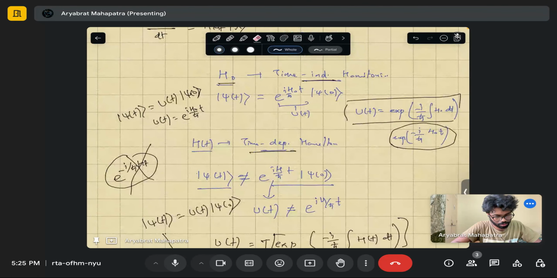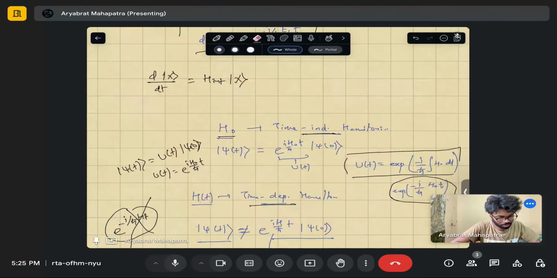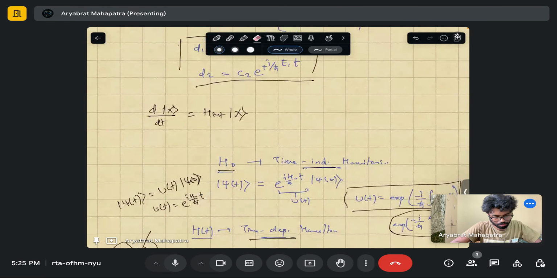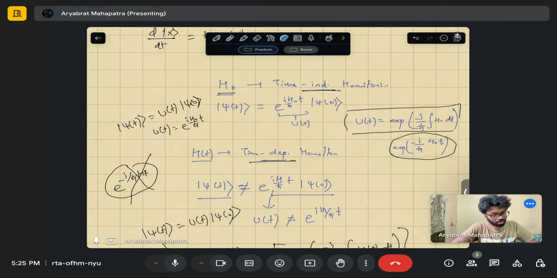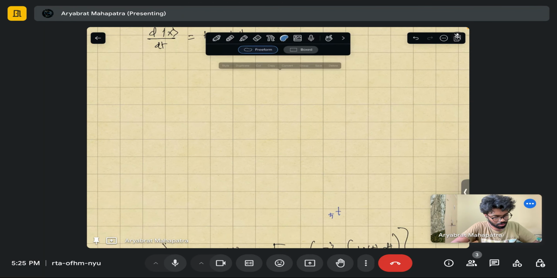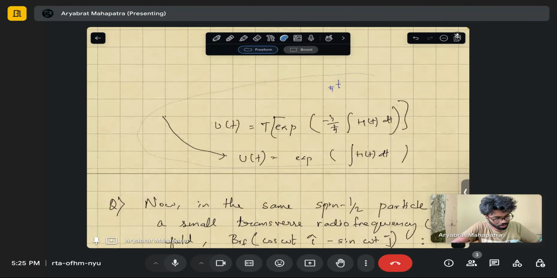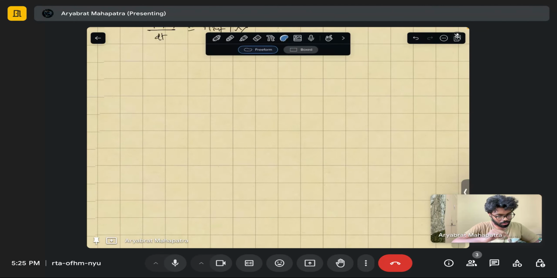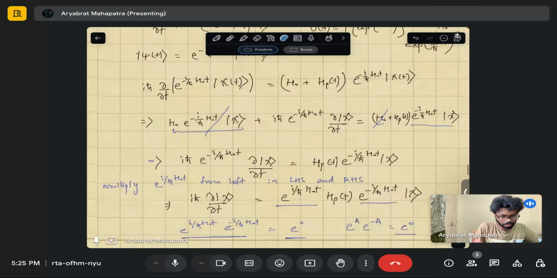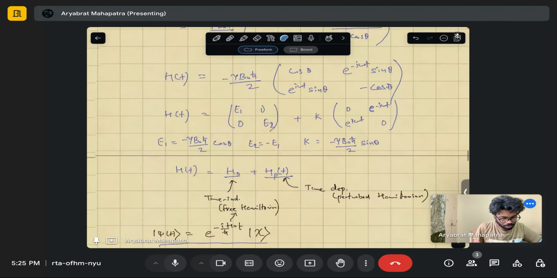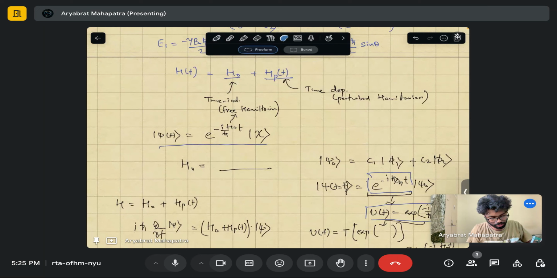So further you were telling, we are writing psi of t is something like this, and why we have only H0 here. So this is what you were telling, no?